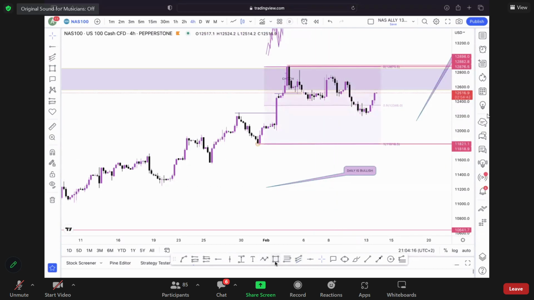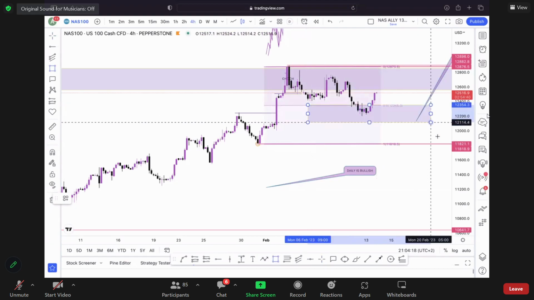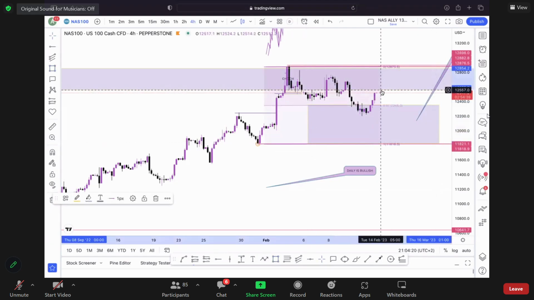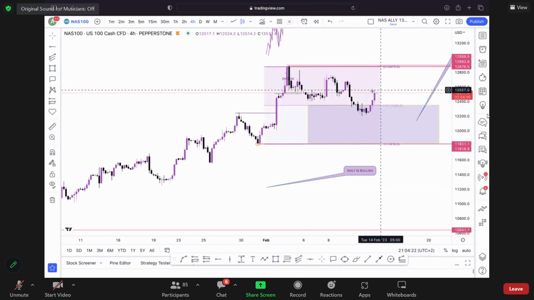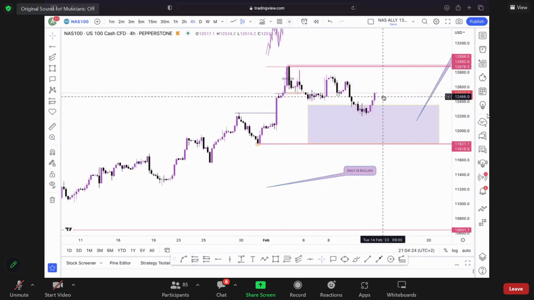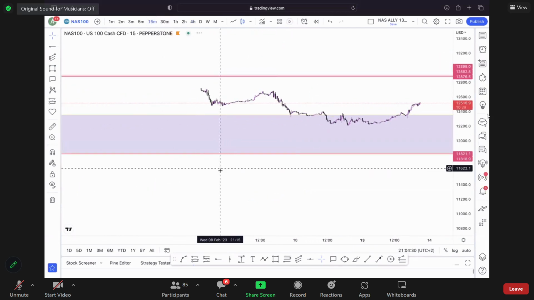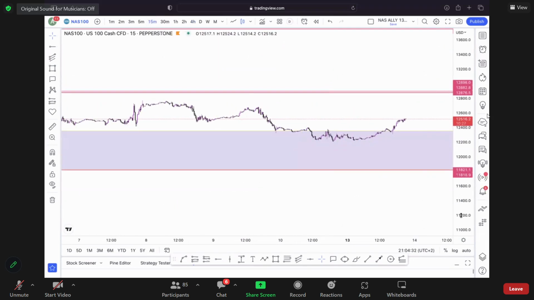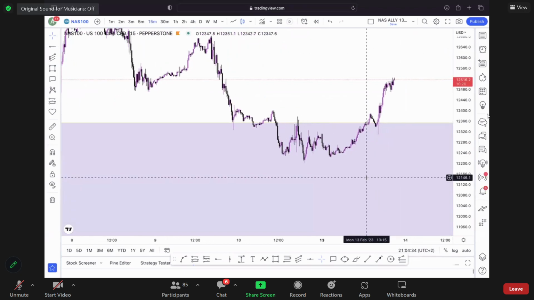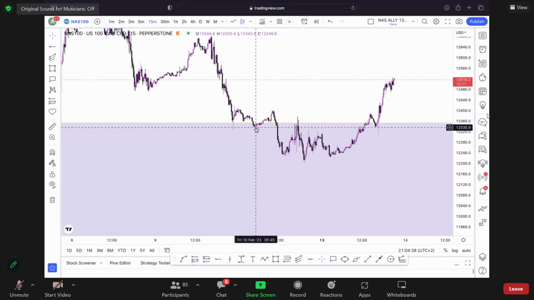So now, once the market comes into discount, what will we be looking for at this point? Buys. So this is where you can monitor either a 15-minute or a 5-minute structure.